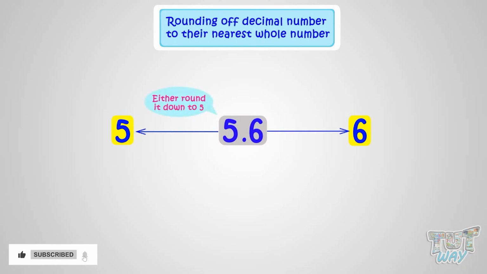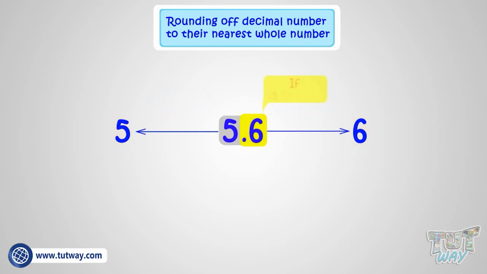Either round it down to 5 and remove the decimal portion, or round it up to the next whole number, which is 6. And the rule is, if the decimal portion is 0.5 or more than 0.5, that is, if the decimal number is more than a half, we round it up. And it means the number is more close to the next whole number.